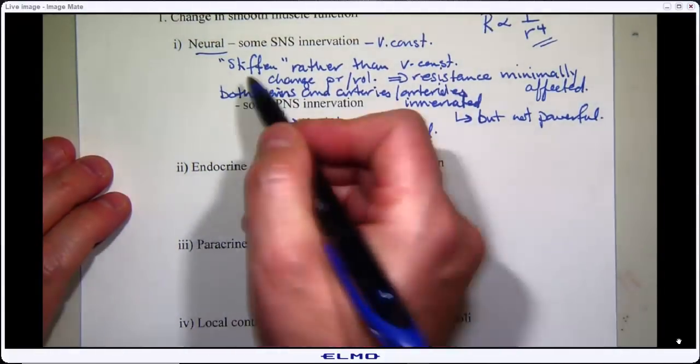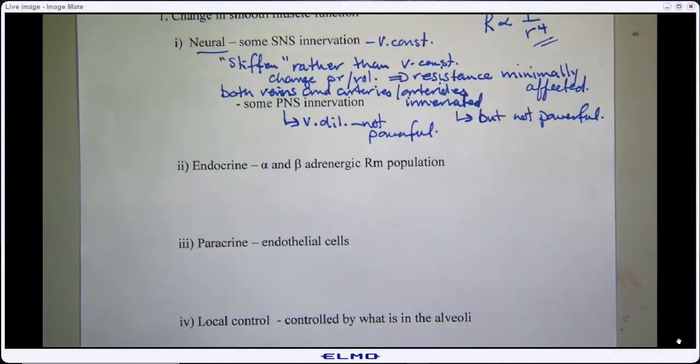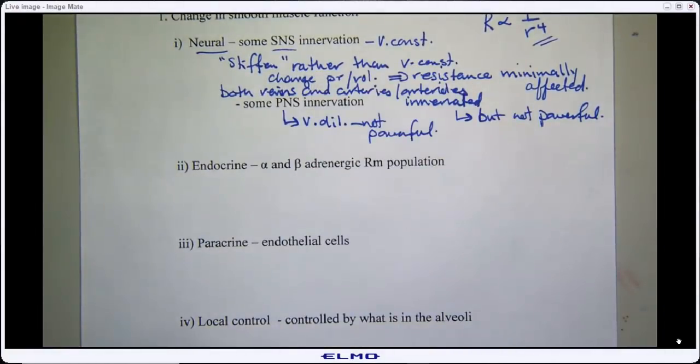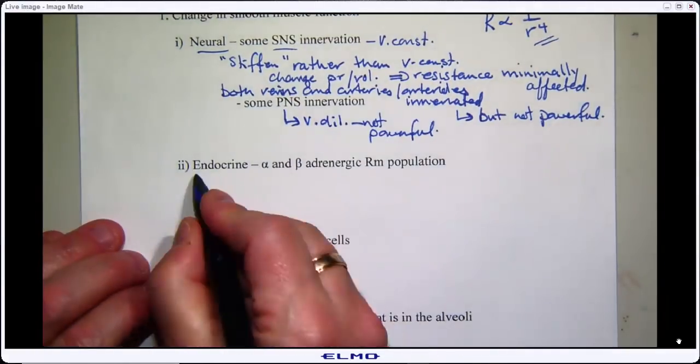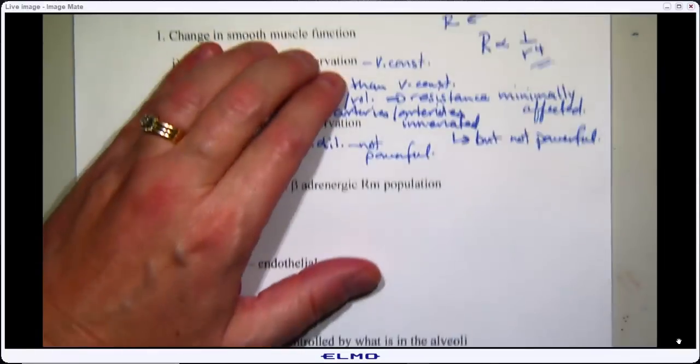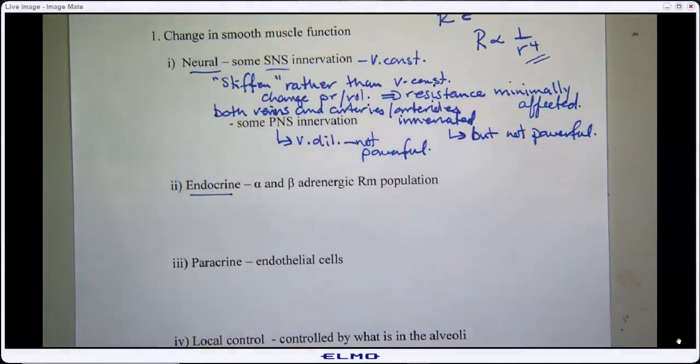Because we have the membrane receptor populations, especially for the sympathetic nervous system, so we have that adrenergic population, we will have endocrine control. So circulating epinephrine and norepinephrine will find this membrane receptor population and cause vasoconstriction, but there's also a beta adrenergic membrane receptor population sitting up there that this hormone will find.